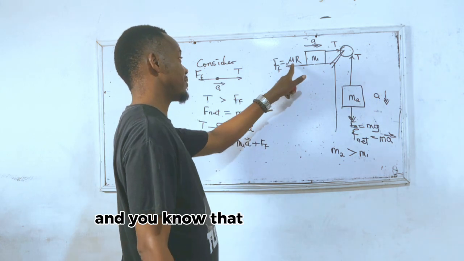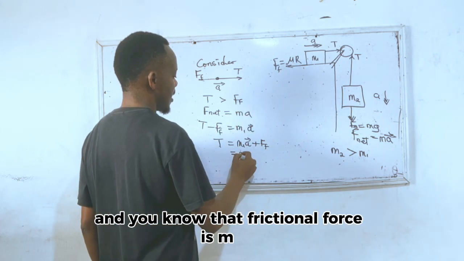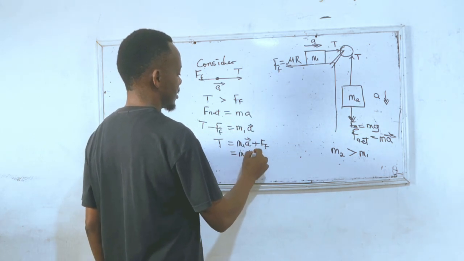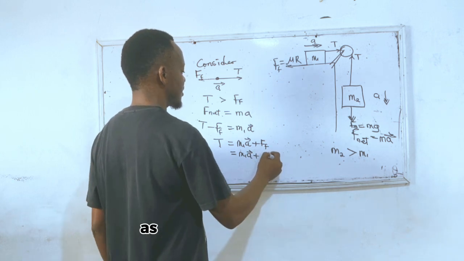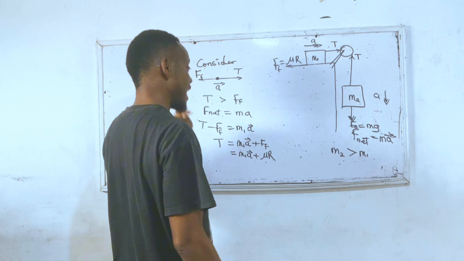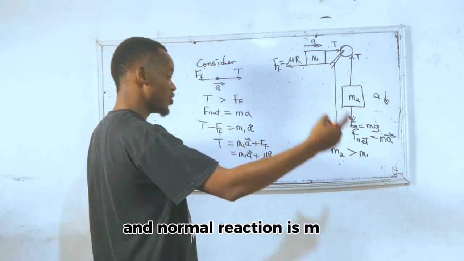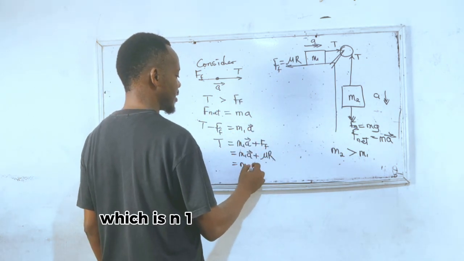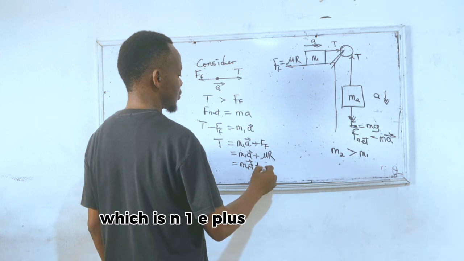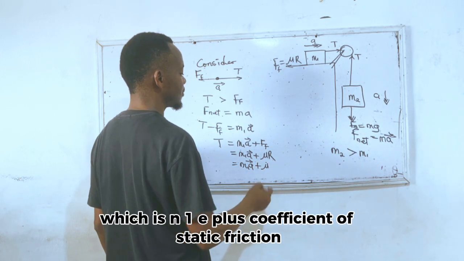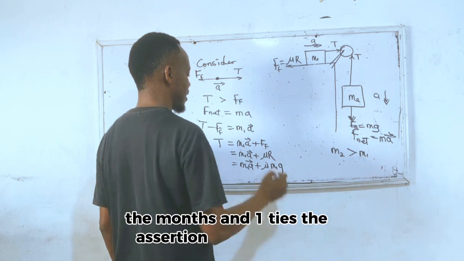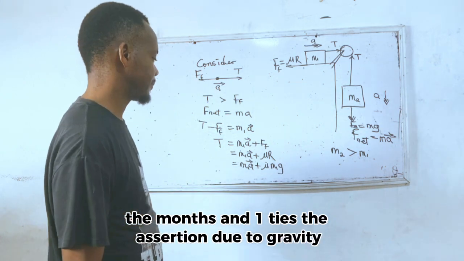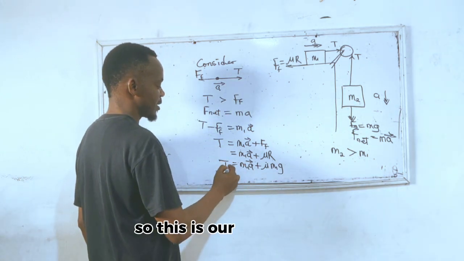And you know that our frictional force is the coefficient of static friction times the normal reaction. And normal reaction is mg, so T is m1a plus the coefficient of static friction times the mass m1 times the acceleration due to gravity. So this is our equation 1.